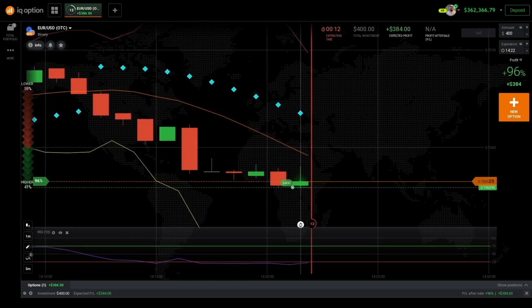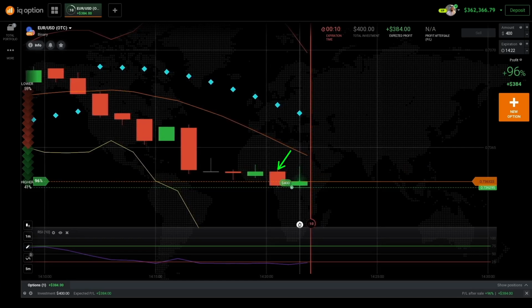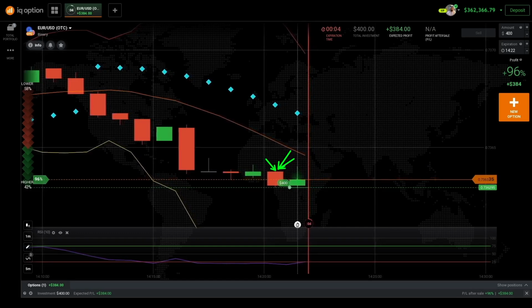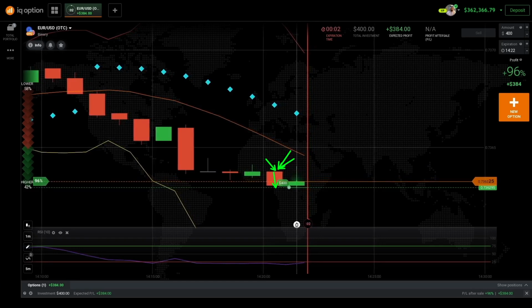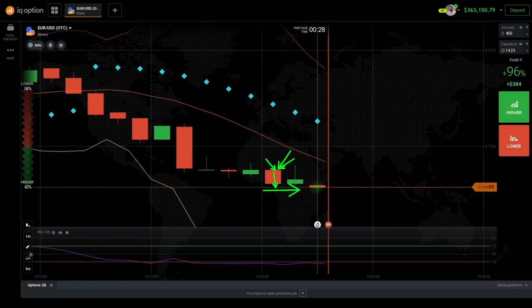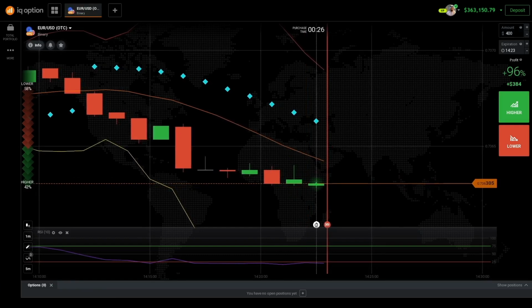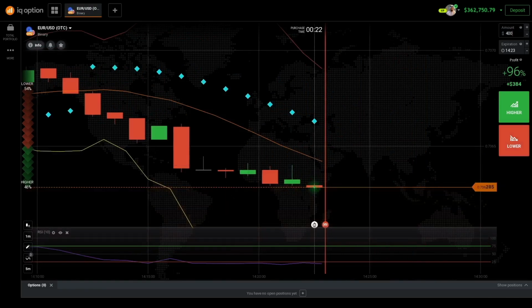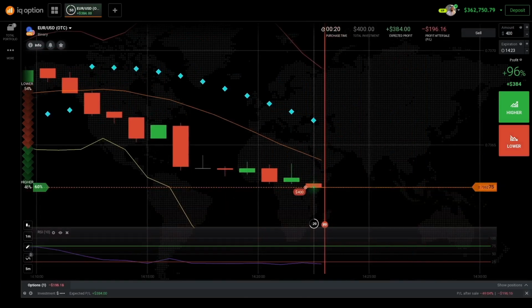If you predict, for example, that this one is going to be a red candle, you can open just here your sell order, and the market will close under your buying price, like in this case, and you will make a win, like here.